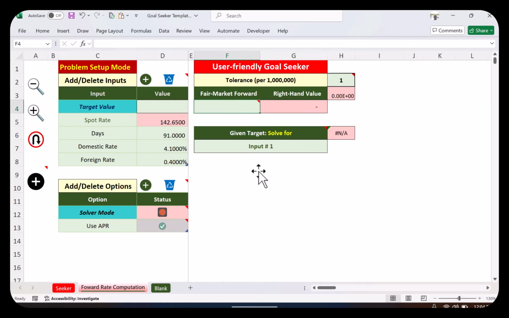Now I'm going to calculate the forwards depending upon what I'm using. Let me first just do days version, spot times 1 plus the forward interest rate.